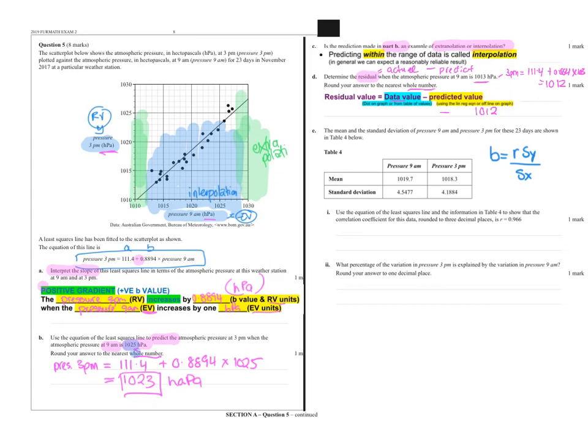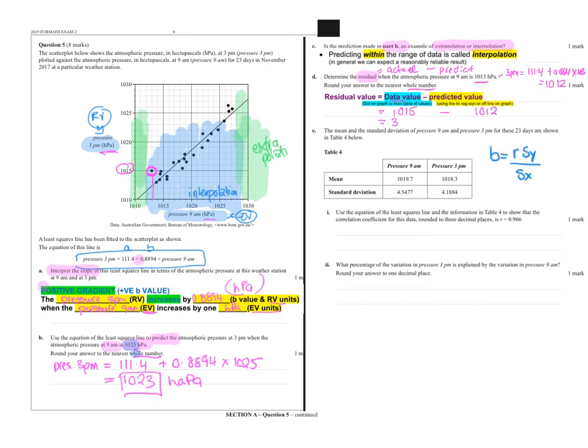So 1013 is here. You go up here and you can see it actually had a 1015 value. So you do 1015 minus that. So it has a residual value of 3. That's a positive number, which is good because this one's sitting above the line.